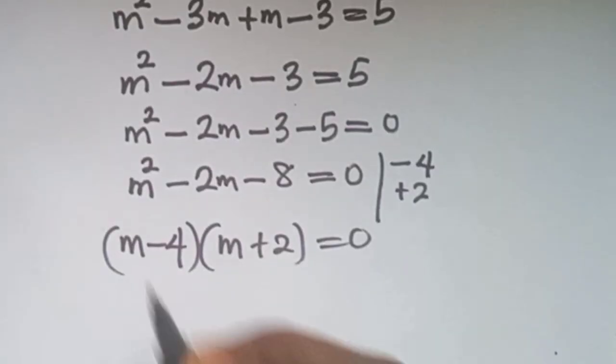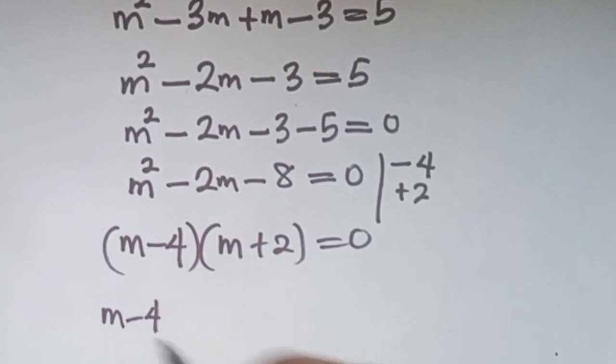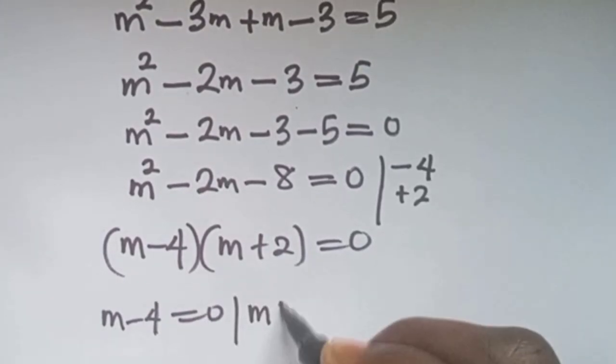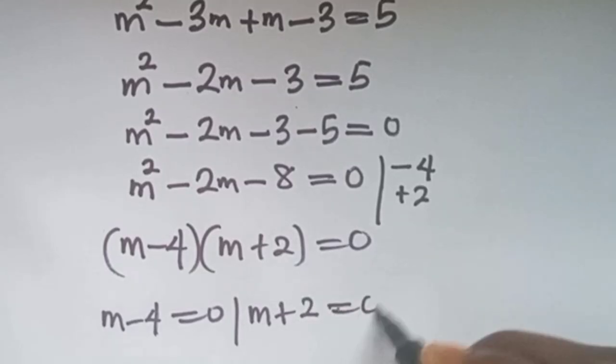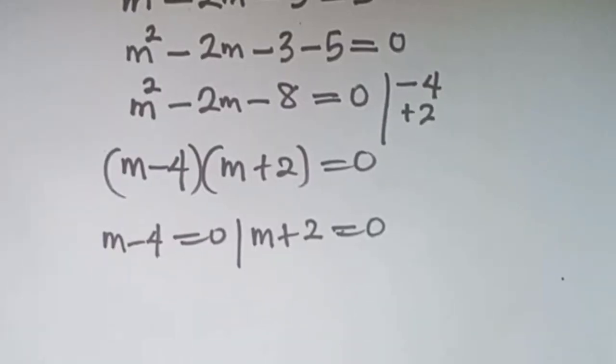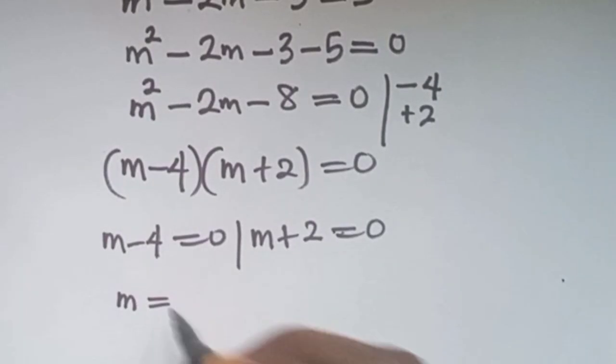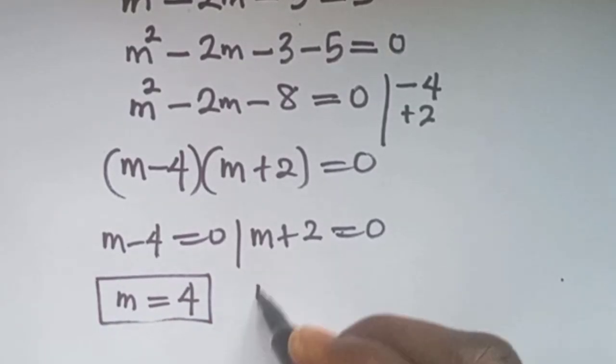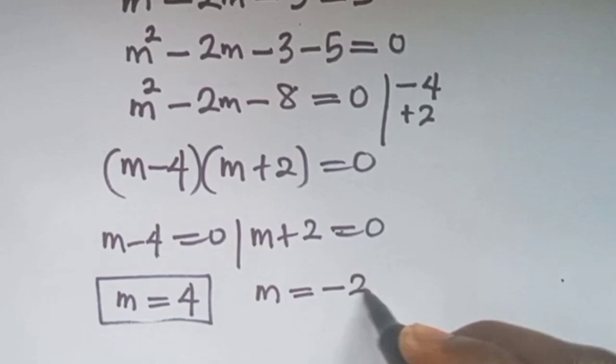Here we can see either m minus 4 equals 0 or m plus 2 equals 0, so that m equals 4 and m equals minus 2.